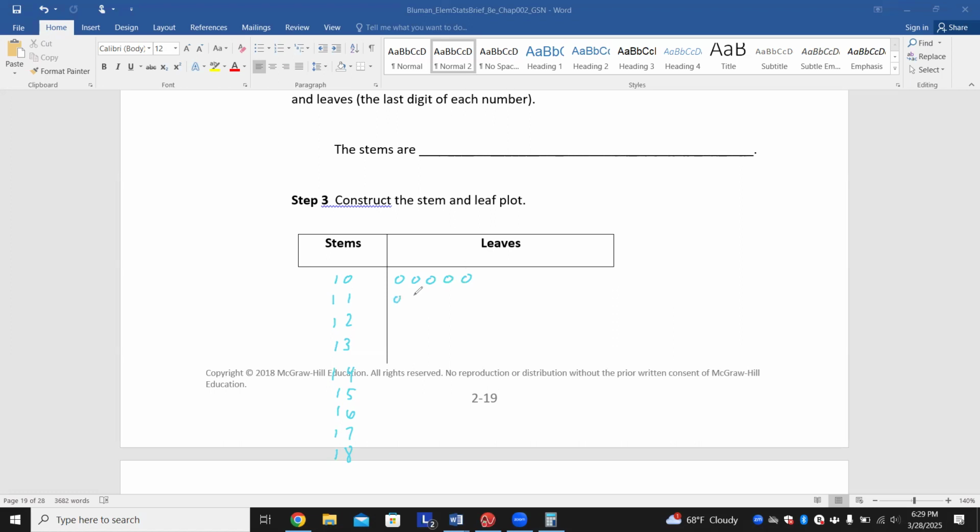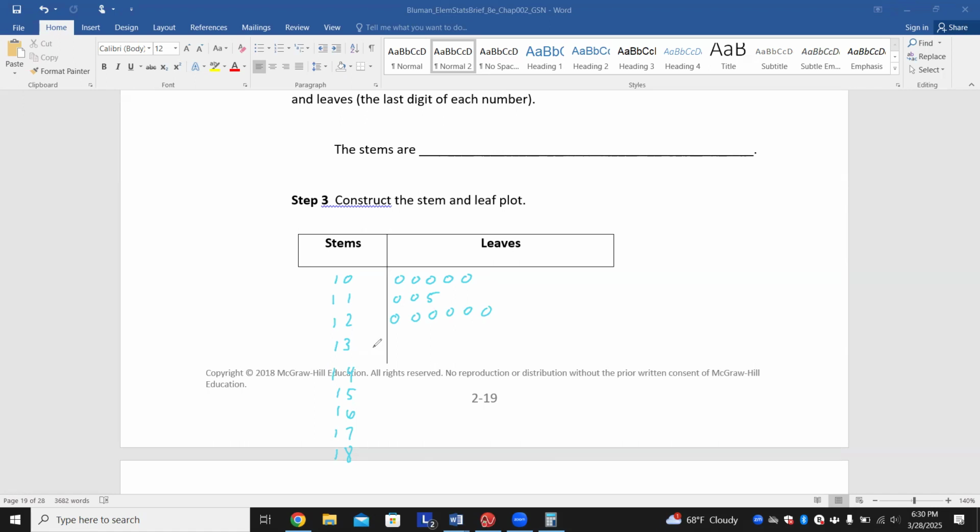So that'd be 1, 2. But then I had 115. So that's going to be a 5. So there you go right there. My 12 or 120, I had 1, 2, 3, 4, 5, 6. So that would be 6 zeros. So 1, 2, 3, 4, 5, 6. Try to keep them lined up to show the correct ratio.